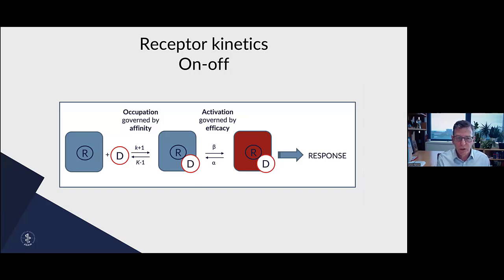So we know that receptor occupation, in other words, sitting on that receptor, is a measure of affinity. Activating the receptor is a measure of efficacy. And you can see how those two together create a response. But what's actually going on here is that the drug is actually not binding and clamping onto that receptor and not letting go.